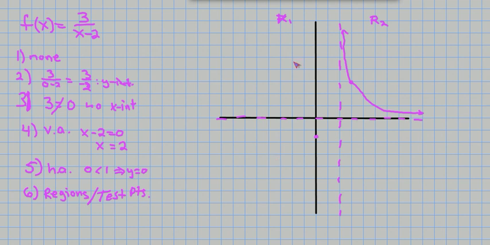Now normally we would also take region 1 here and pick a value, but nice thing is we had a y-intercept here, so we already have a point to the left side of our vertical asymptote. So same thing, we're going to take this one, run it close like a magnet, draws it towards that line, and we're going to do the same thing up here. Now again, we can get more accurate with the drawing by doing more points and plugging in for x, but since they only want to sketch, that's going to be all the further we're going to take this one.